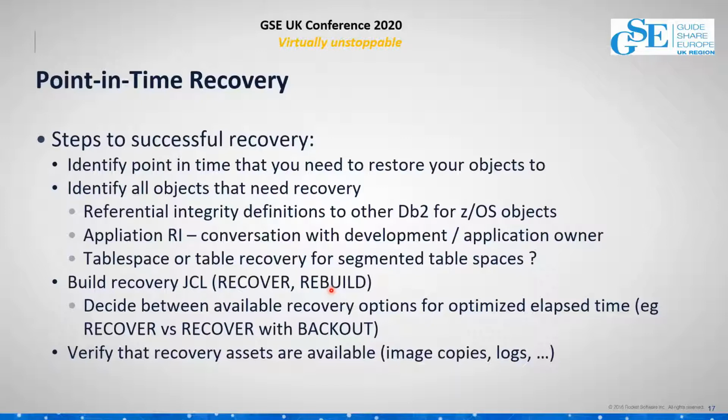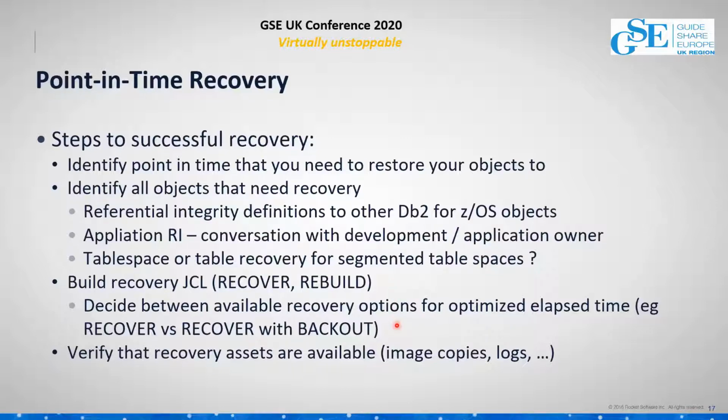Then they needed to decide: can I recover the entire table space, or do I have to go with individual table recovery, because they still had segmented tables or multi-table table spaces back then. They had to build a recover JCL, including the rebuild jobs for all the indexes, and decide between the available recovery options to get the best elapsed time.